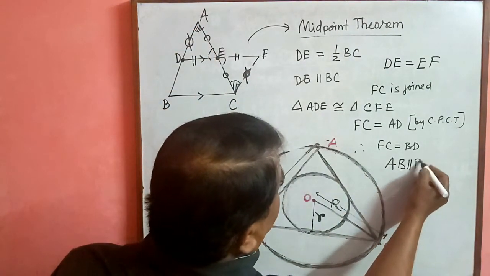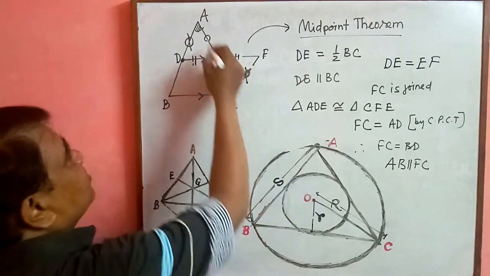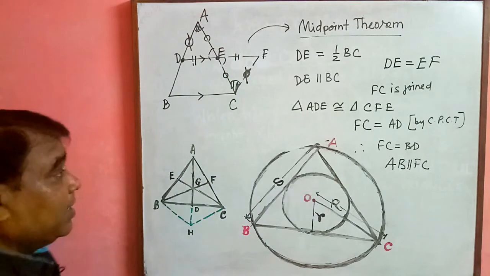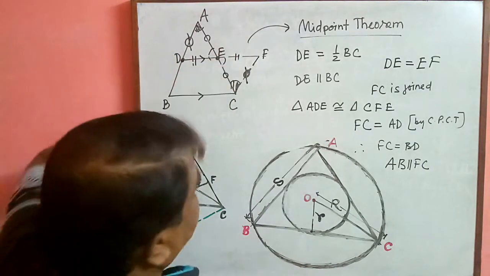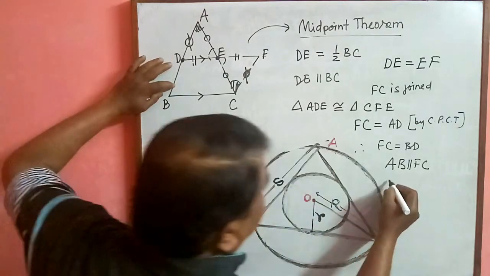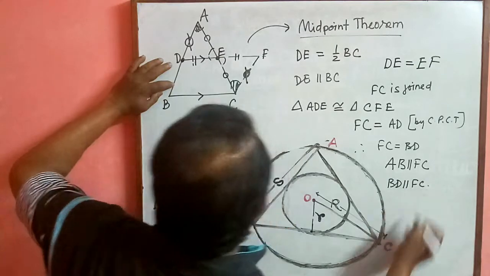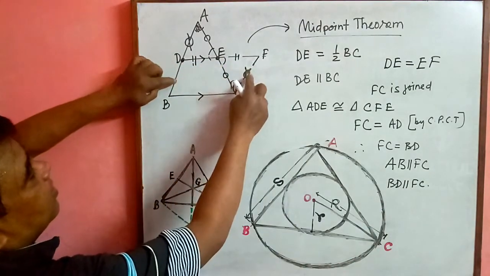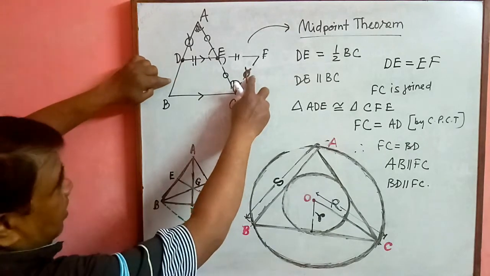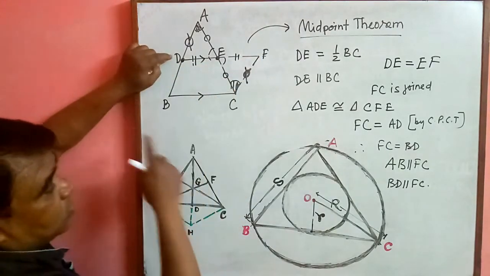For these alternate interior angles, these two sides are parallel. So definitely BD is parallel to FC. Opposite sides of a quadrilateral are equal and parallel.